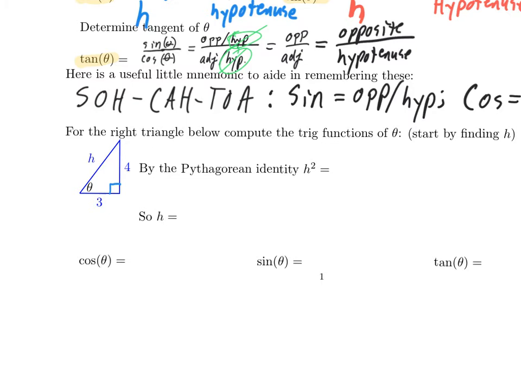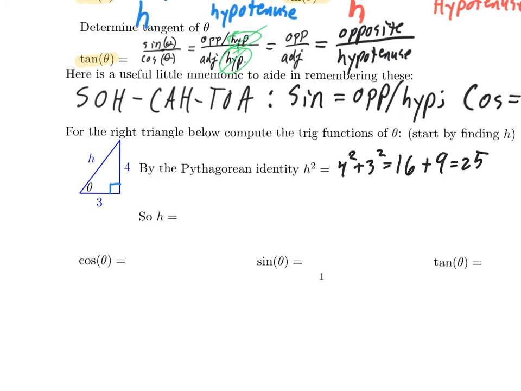So let's do that. Step 1, figure out the length of the hypotenuse. Well, we have the Pythagorean formula for right triangles. The length of the hypotenuse of a right triangle is the sum of the squares of the other two sides. So h squared is 4 squared plus 3 squared. That's 16 plus 9 is 25.